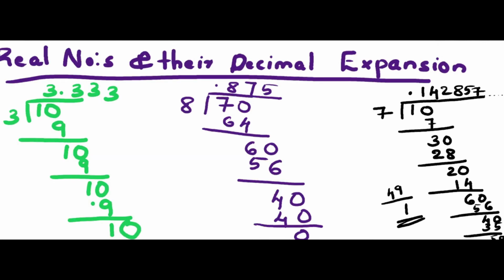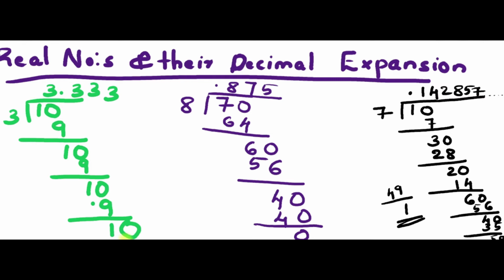Here you can see real numbers and the decimal expansion. There are three cases with this. First, if you divide 10 by 3, you will get 3.333, that means the remainder is 1, 1, 1 and so on.